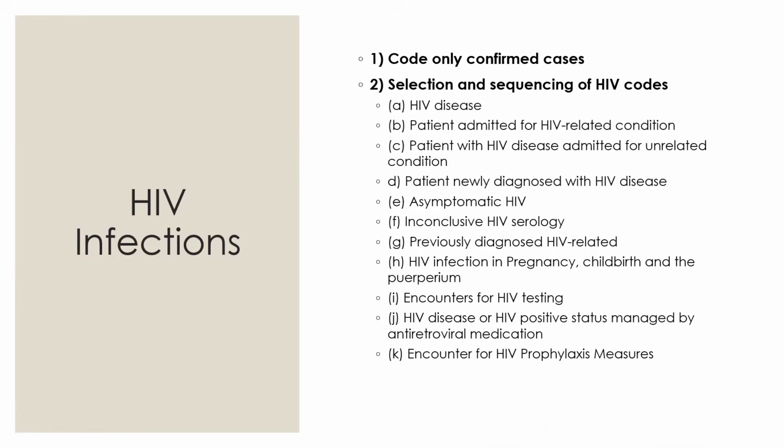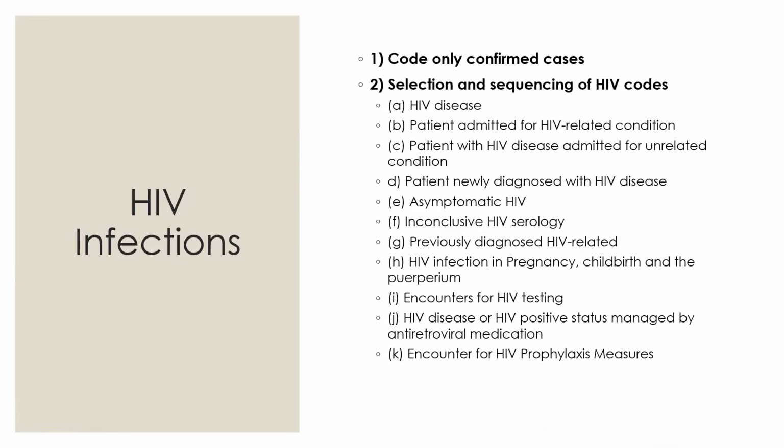So make sure you know the difference on whether or not they have an active HIV or HIV-related condition or AIDS. You'll use the B20. If it is asymptomatic on antiretroviral medicine, you're going to use the Z21. You can also code an additional code Z79.899 for other long-term current drug therapy for the use of the antiviral medications.